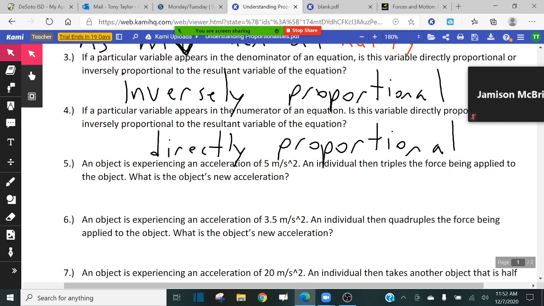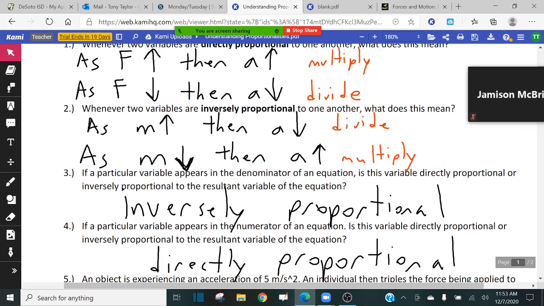Look at number 5. Number 5 says, imagine that you have an object and it's experiencing an acceleration of 5 meters per second squared. Now, an individual then triples the force being applied to the object. What is the object's new acceleration? Okay. So someone tell me what's going on here. If we're tripling the force, is force going up or force going down? What do y'all think?